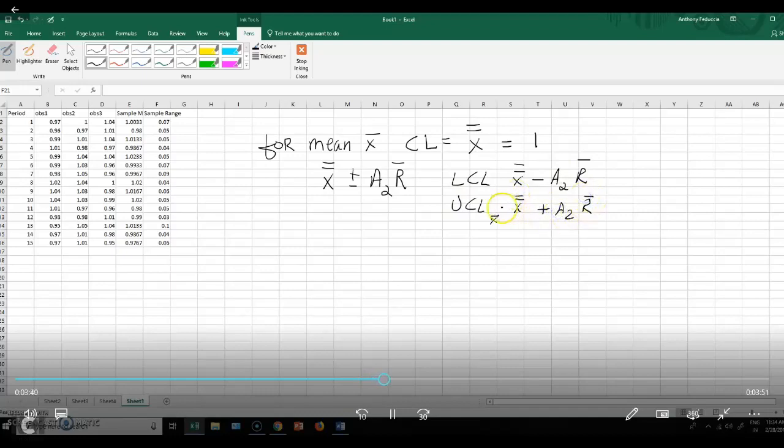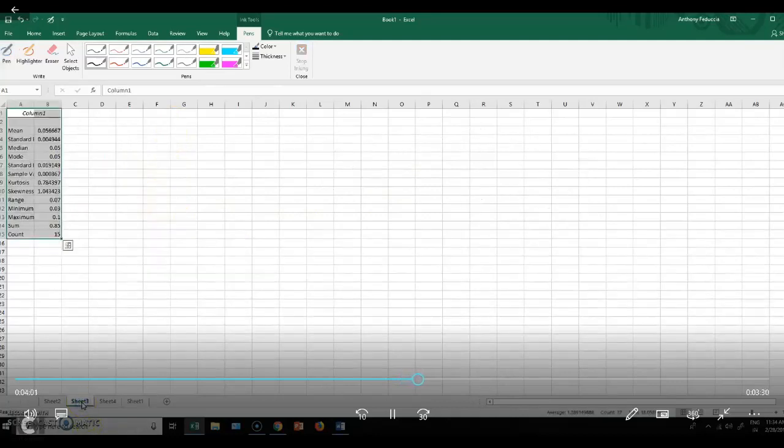Now let me explain some of these. First of all, you know x double bar is 1. We showed that in the previous slide. R bar is the mean of the ranges, the mean of these. You do that also by going to data analysis, copying this column in, and it turns out to be 0.0567.